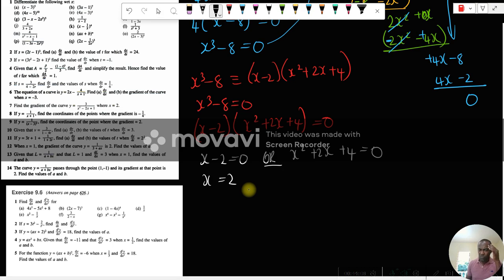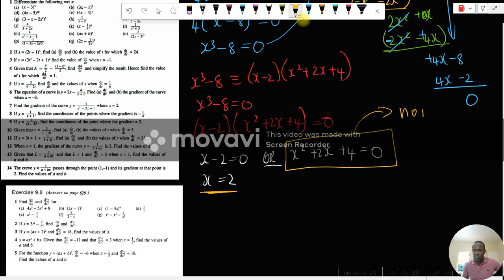Another point can come from this equation, so we'll have to solve it. If we're only supposed to get one point, this quadratic is going to have no real roots, but we'll have to verify that.